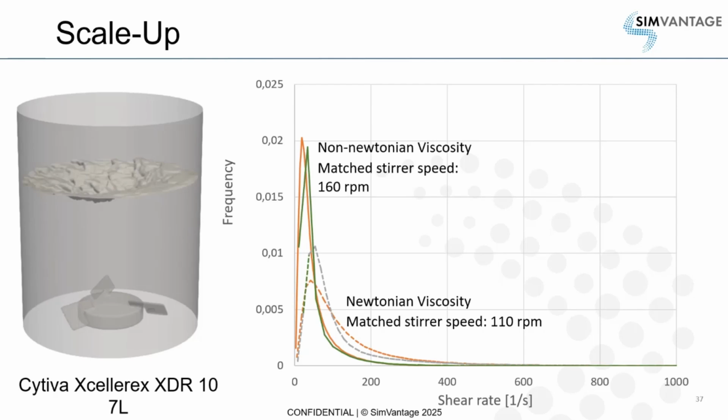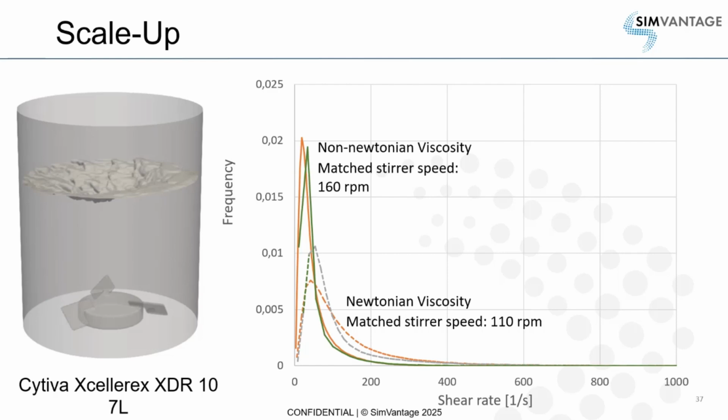Now what we did is to do several simulations with the XDR10. These simulations were evaluated and post-processed, and then the stirring rate was changed until a match between the shear rate distributions was achieved.